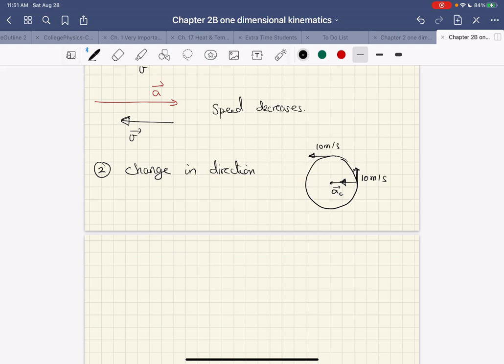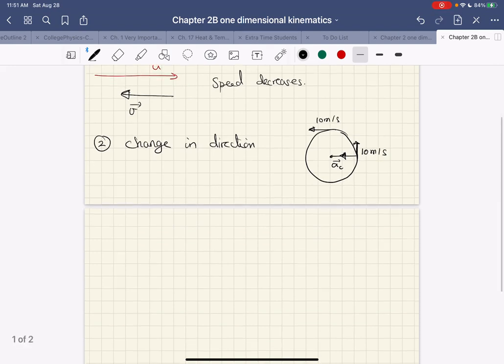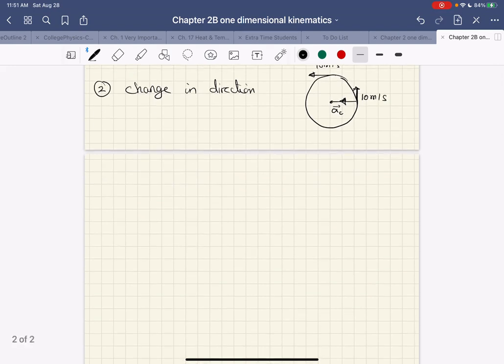Now, let's talk about what it means to have acceleration, and how we are going to calculate it.